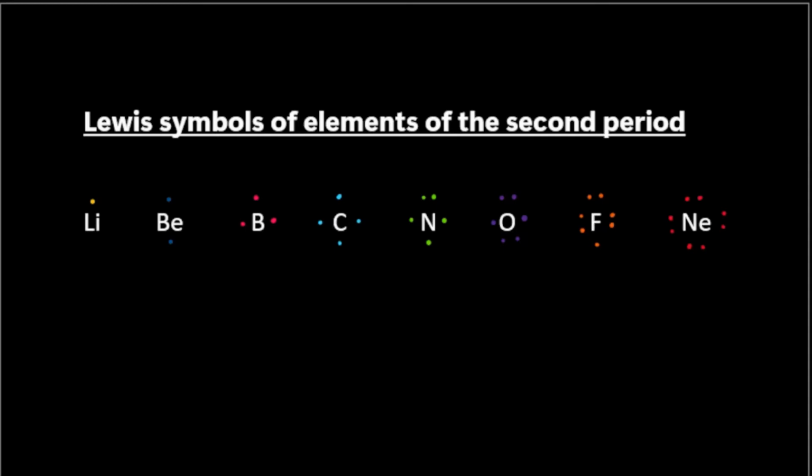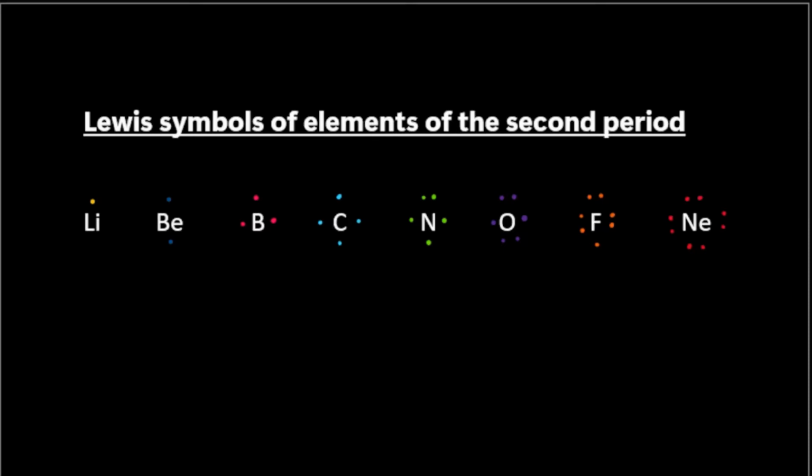Similarly, if you take boron, there are 3 dots. That means there are 3 valence electrons in the case of boron. If we take fluorine, you can see 7 dots. That means there are 7 valence electrons in the case of fluorine.